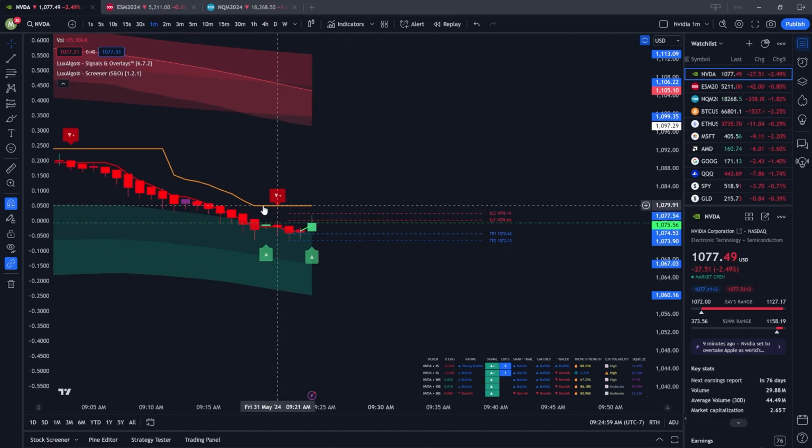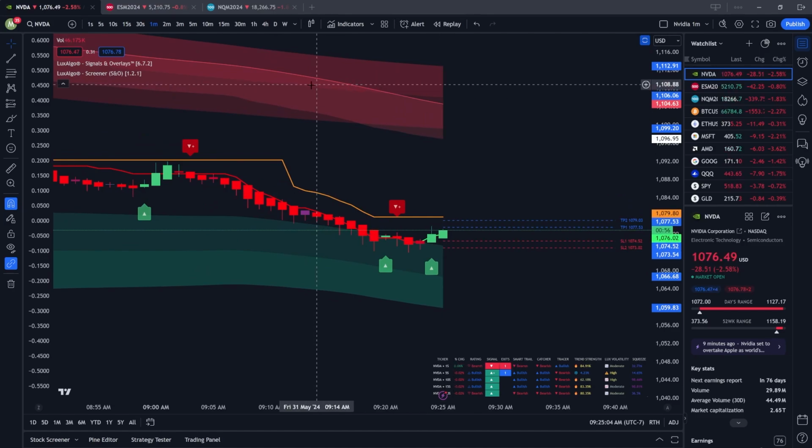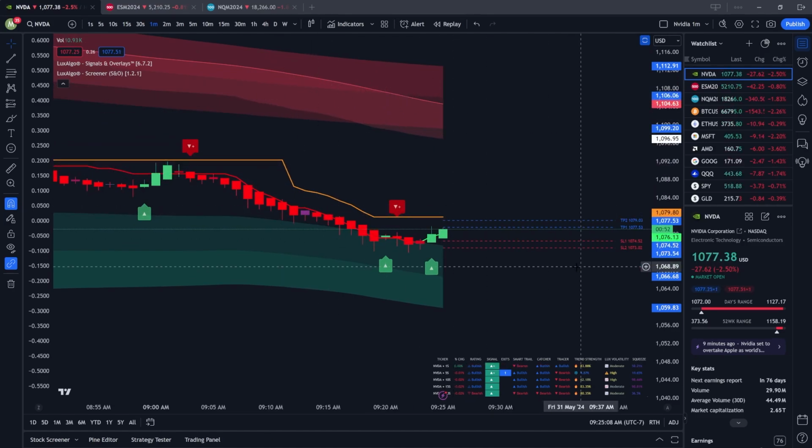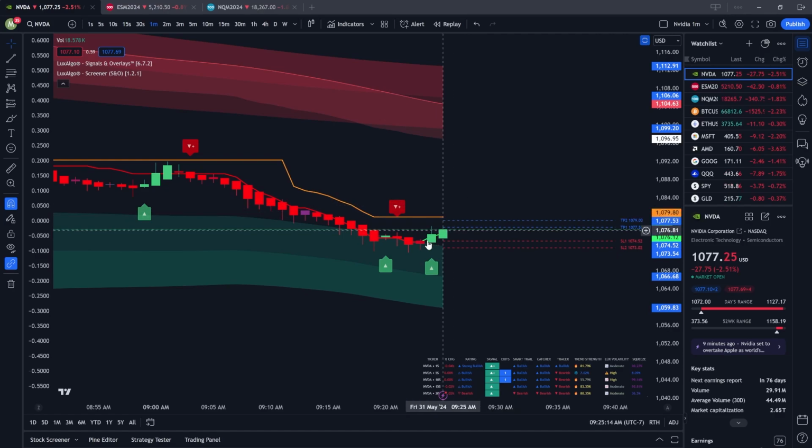But obviously you don't necessarily want to enter this trade because it's already invalid from the red smart trail and the orange trend catcher. If you were going to try to take some opposite trade, which you could, anyway, this is just helping you. That's what the screener's for.